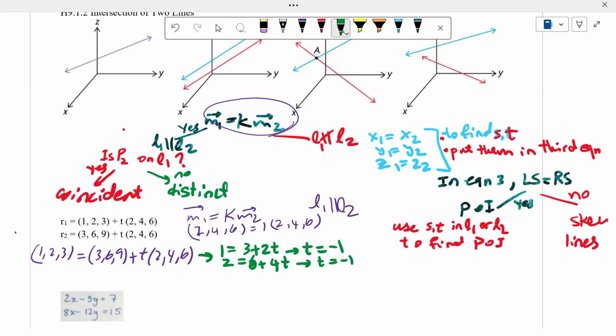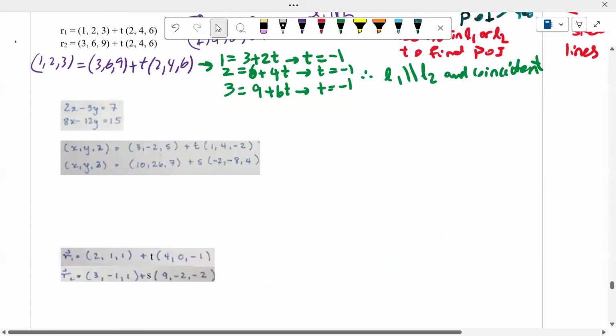The third one, 3 is equal to 9 plus 6T. Again, T is equal to minus 1. Therefore, line 1 is parallel to line 2 and coincident. In other words, they have an infinite number of solutions.